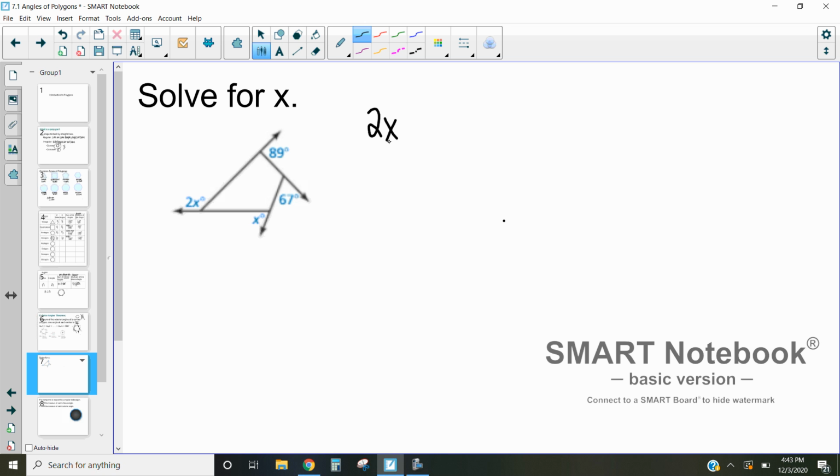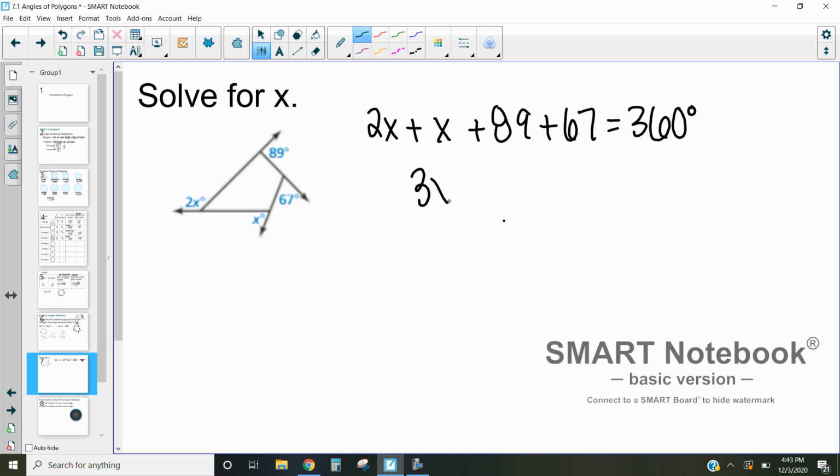I know that 2x plus x plus 89 plus 67 is going to be 360 degrees. So then let's go ahead and combine these. 2x plus x is 3x. 89 plus 67 is going to give us 156, and that equals 360.